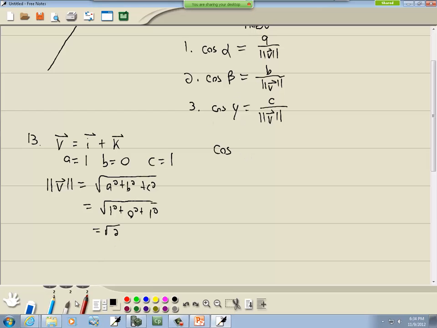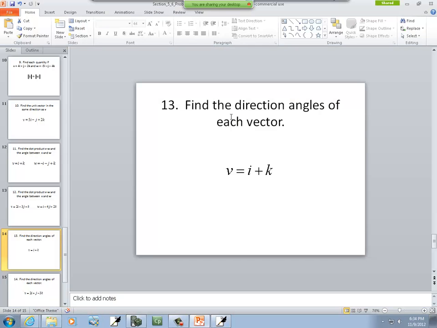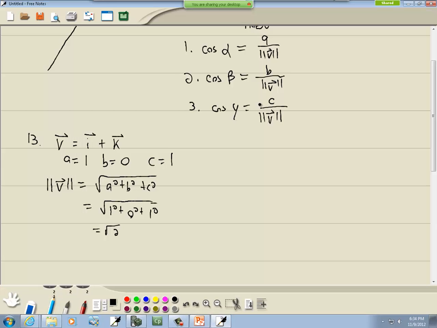Now, actually, I'm going to skip ahead on those. We want alpha, beta, and gamma by themselves, I think. That's what they're asking. So we're going to take the inverse cosine of both sides.